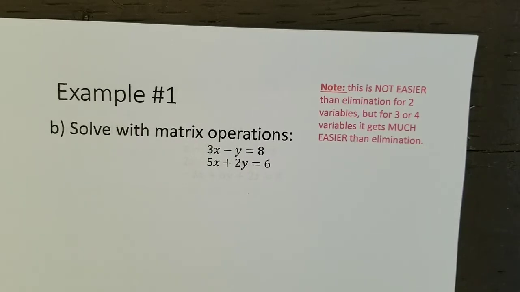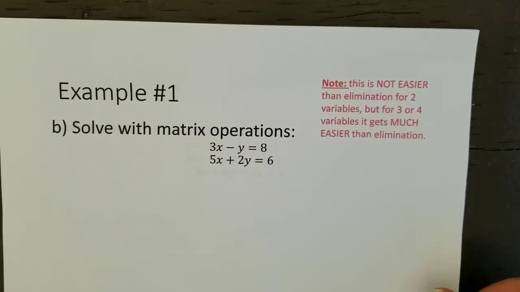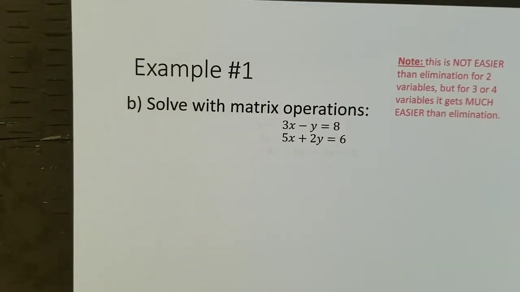If you had 4 or 5 variables and 4 or 5 equations, matrices is probably the only way most people would realistically be able to get something to work out. It's quite a lot more to keep track of as you get into more complex equations and a lot more variables to manage.